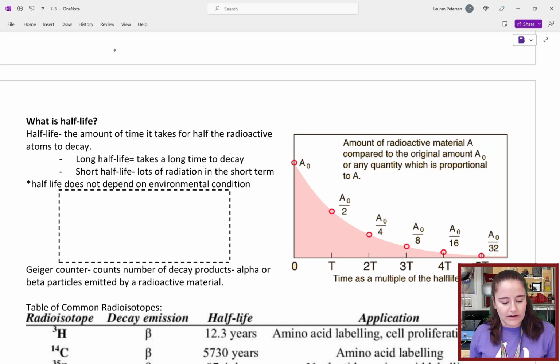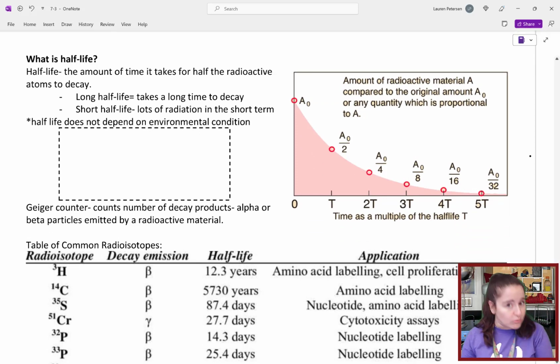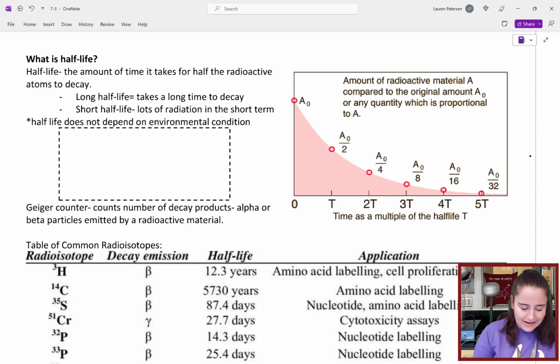The actual equation for nuclear decay or half-life isn't on the equation sheet. I'm going to show you how to solve the problems without the equation using what I like to call the table method. But if you know the equation, you might rather just use it.